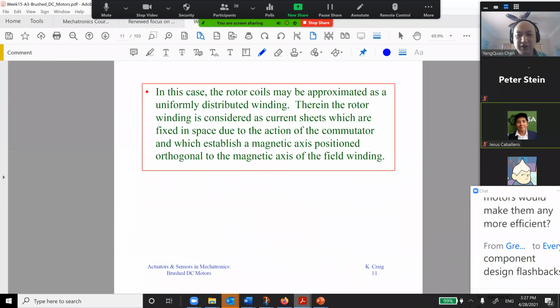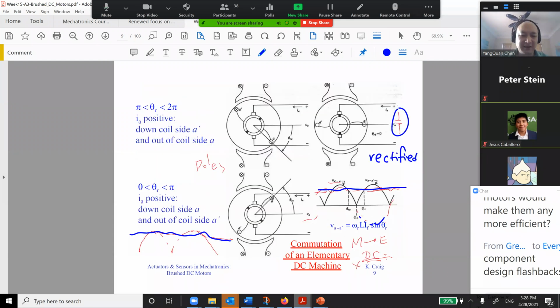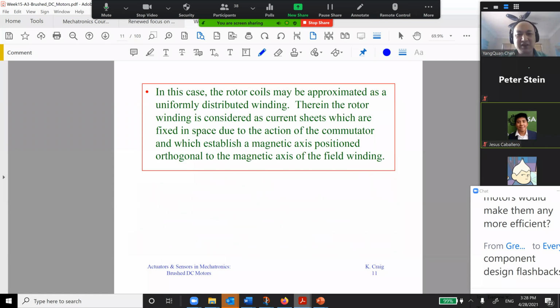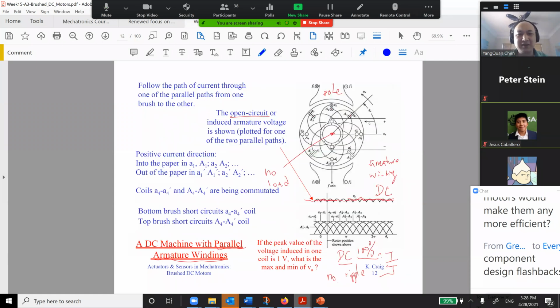This is a two-pole basic principle like this. But what if I use multiple parallel armature windings? So I have multiple windings at different positions.